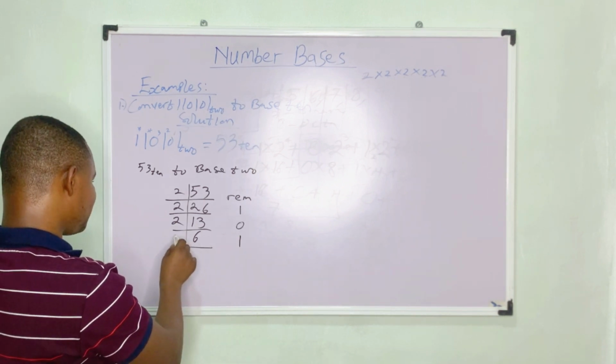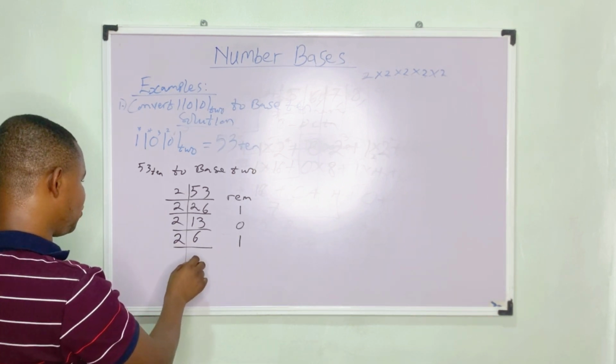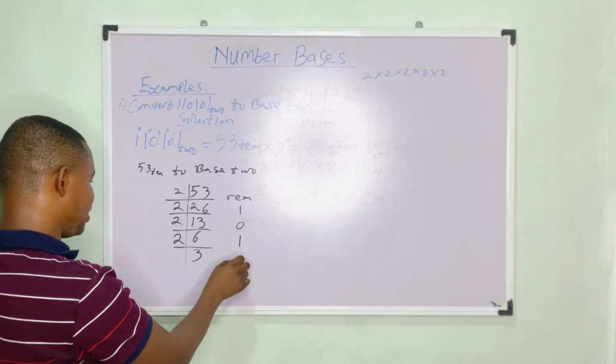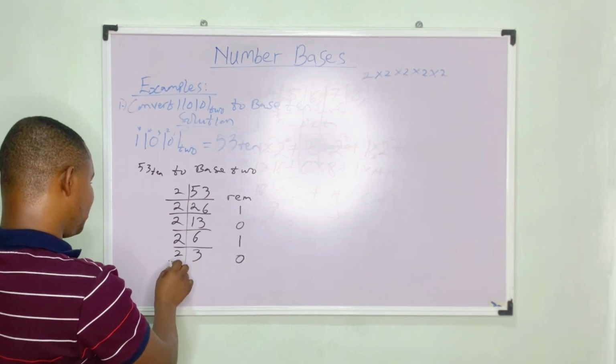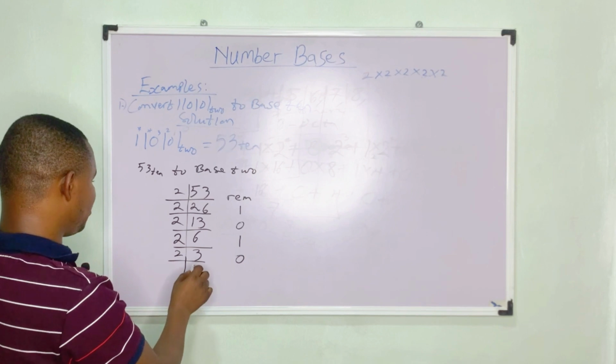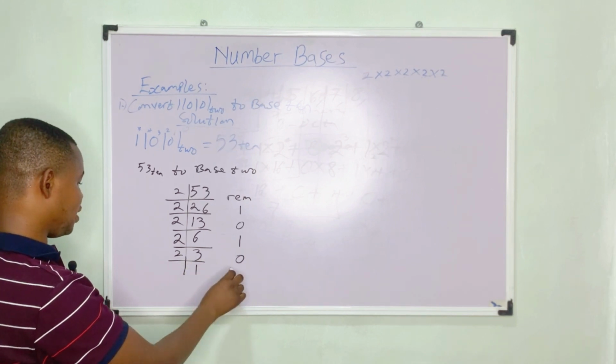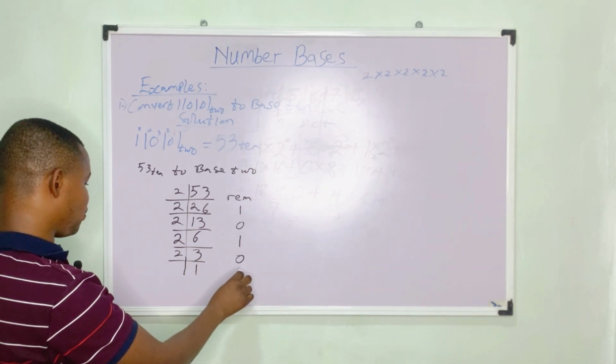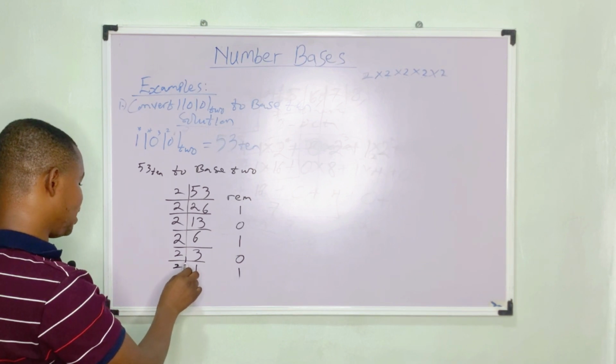Then we have remainder of 1. 6 divided by 2 will give us 3, remainder of 0. 3 divided by 2 will give us 1. Then we have remainder of 1.